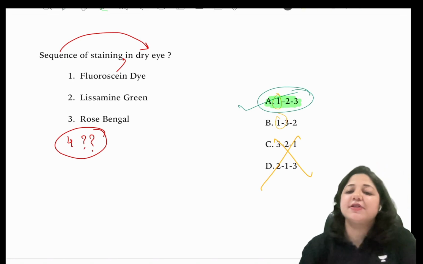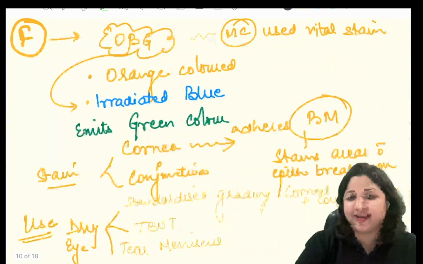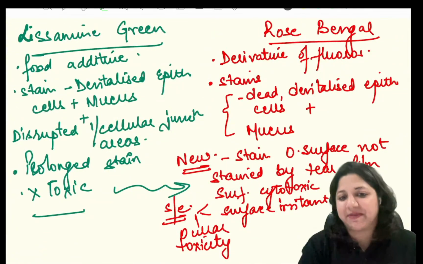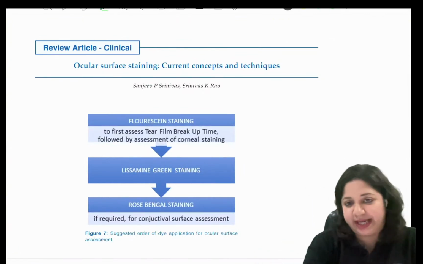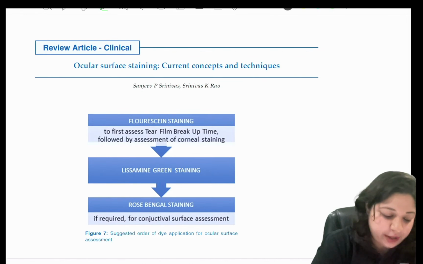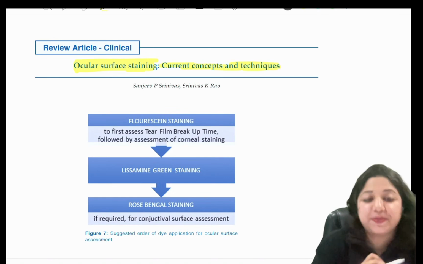But now, are we still sure what we are discussing? So I have the jewel here. I have the gold or the diamond here. This question was a direct take from this paper which was published in 2022, which talks about ocular surface staining, current concepts and techniques.